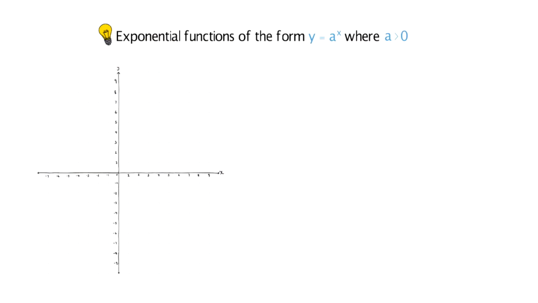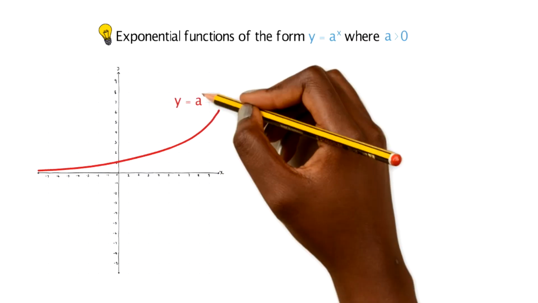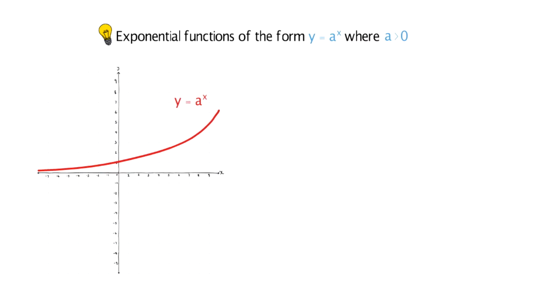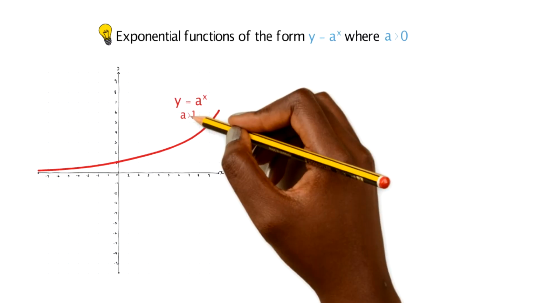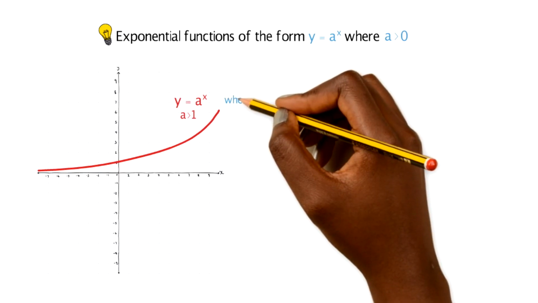So here we've got a graph. This is kind of like what your exponential curve would look like, slow growth and then gradually rapidly growing. So if your graph is y equal to a to the power of x, and your a value is greater than 1, not equal to 1, notice that it's not a greater than or equal to sign, it's just greater than 1.